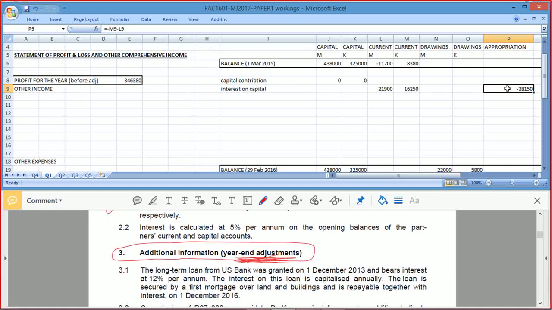Okay. What is the business getting? Profit. Cash. Where is the cash coming from? The partners. The partnership. Okay, the partners are just individuals belonging to the partnership. So we need to show that.